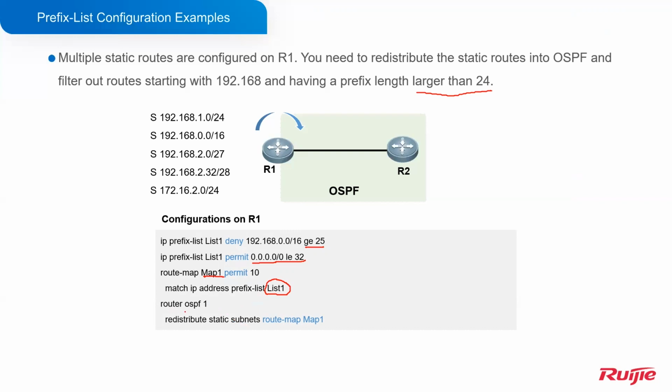So router OSPF 1, redistribute static subnets route-map map1. So when we redistribute the routes from static to OSPF, we will check the routing entries based on route map 1 we just configured. Okay, this is the configuration of how to use prefix list to control the route redistribution.